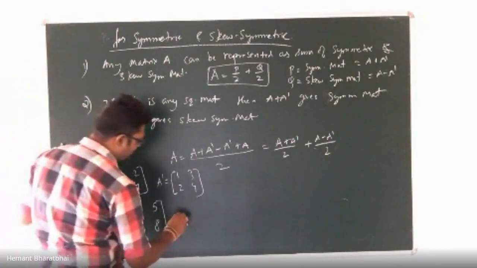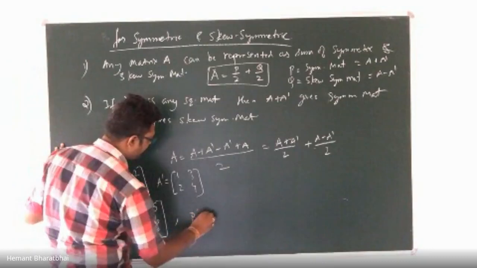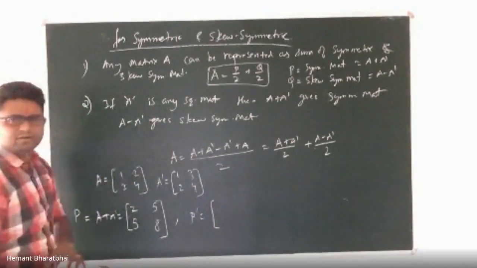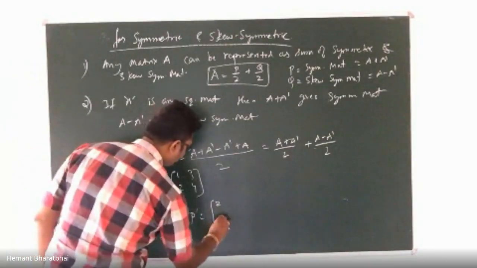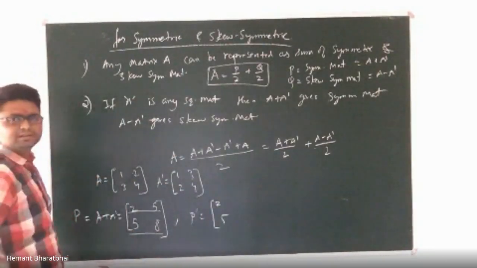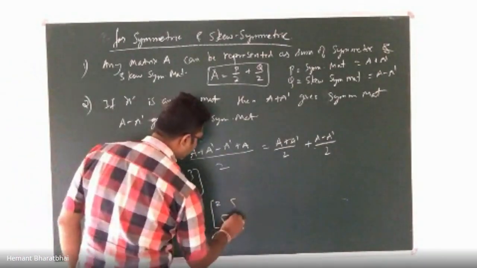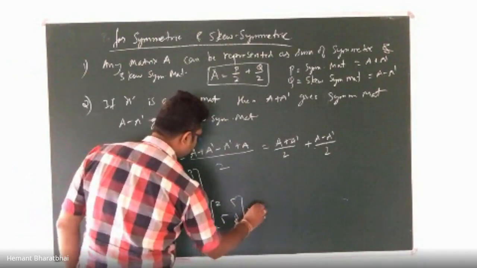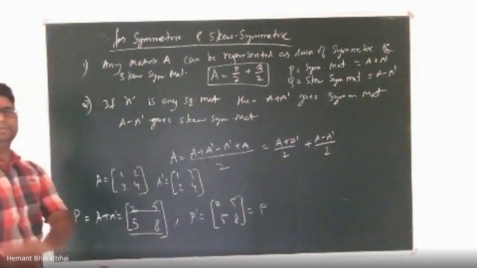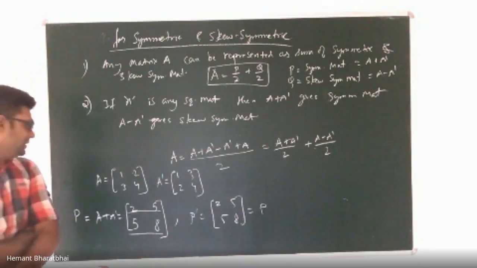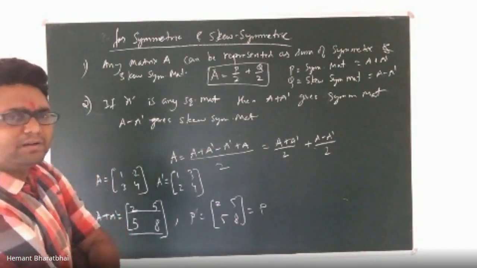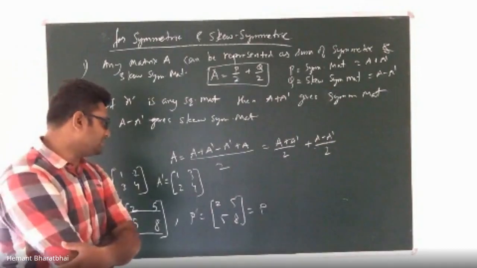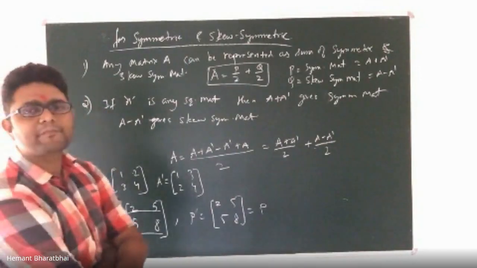So let me find out P transpose. This row 2 5 will be written as column 2 5, and this row 5 8 can be written as column 5 8. Is it exactly the same as matrix P? You can see the matrix P is also 2 5 5 8, and the transpose of the matrix is also 2 5 5 8.